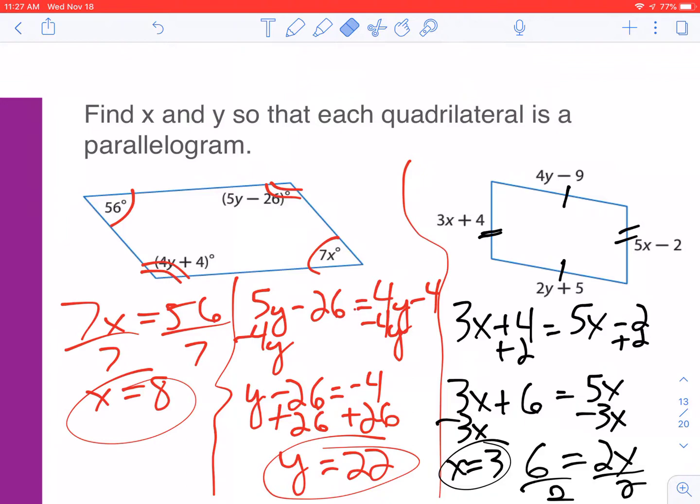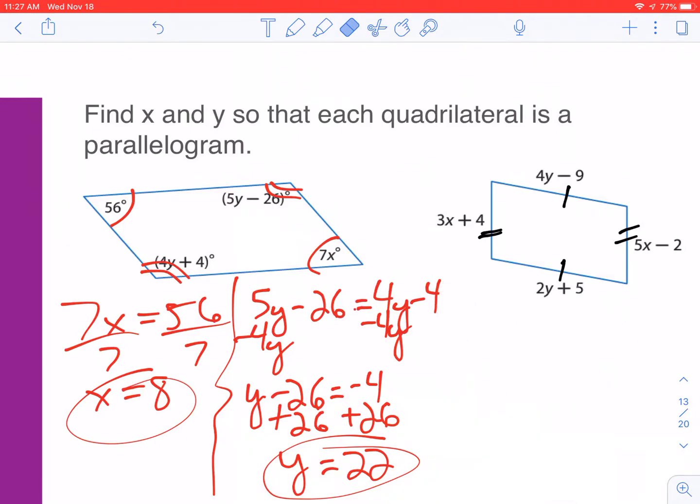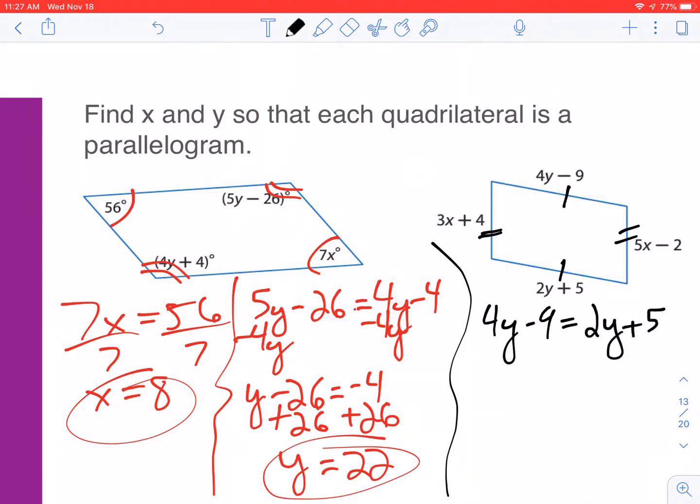And I need to erase to give myself enough room. And I'm going to do 4y minus 9 equals 2y plus 5. Plus 9, plus 9. 4y equals 2y plus 14.